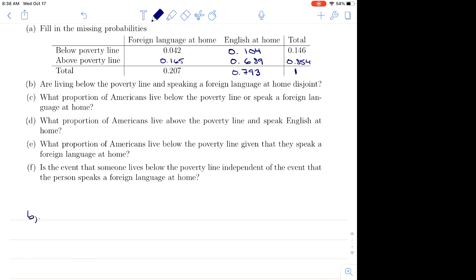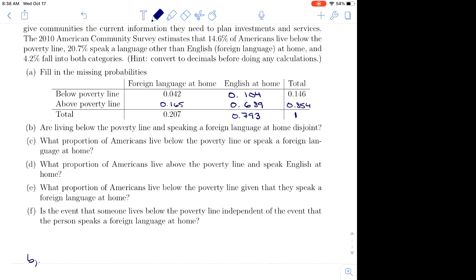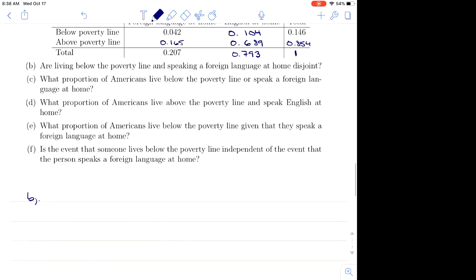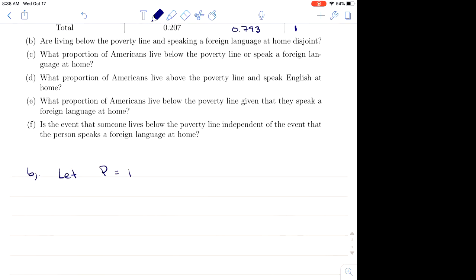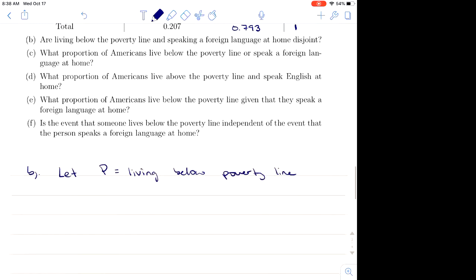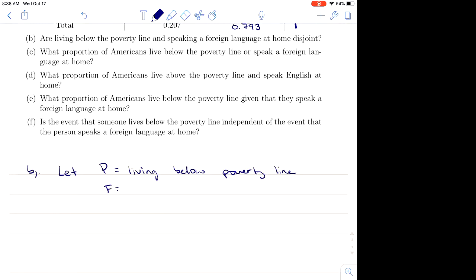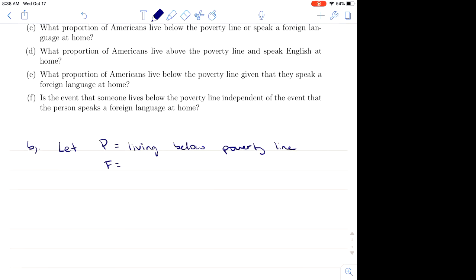Okay. First, I'm going to define some shorthand notation, right? I'm going to say, okay, well, let P be living below the poverty line. And F be speaking a foreign language at home.